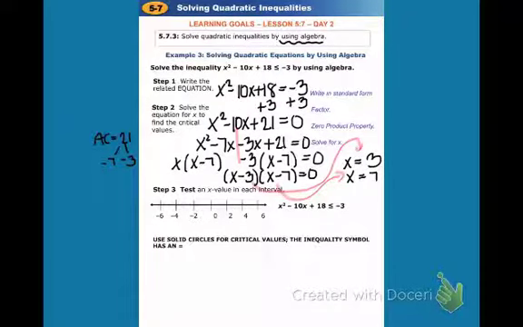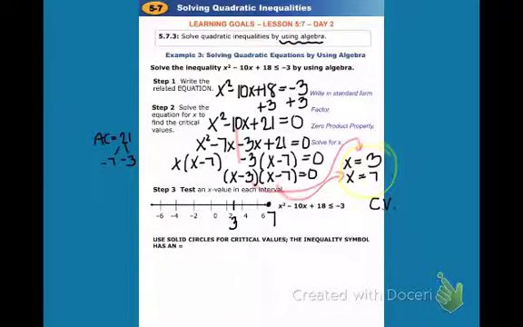So these are my critical values. These are the things I've been talking about, and what I could find in the table in the prior examples. These are my critical values, my CVs. So what I do then is take those values and create a number line, and put these critical values on it. On this number line, the 3 would be right about in here, and the 7 would be right about in here.